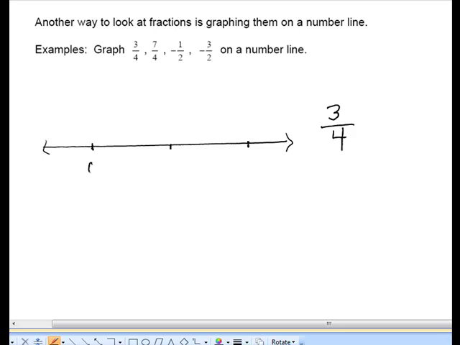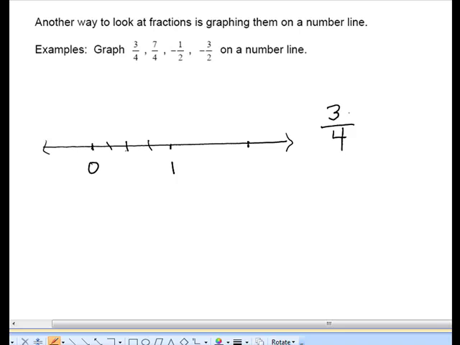So I'm going to start at 0 and mark this one as 1. In that 1 unit, I have to cut for the denominator. I want to cut it into 4 equal sections. That's half, and then if I cut it again, it should give me 4 parts. 1, 2, 3, 4.